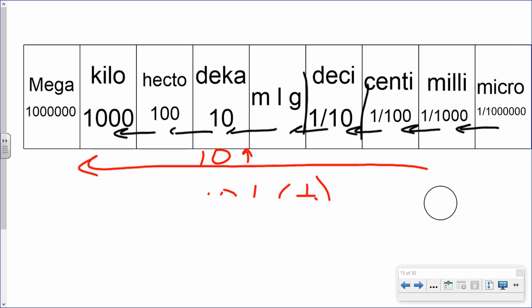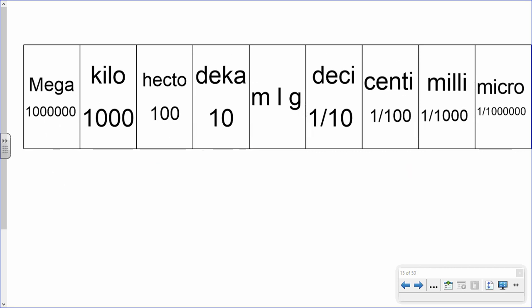Okay, let's go a little bit further now, doing some easy mental conversions. What if I have 10 grams? That's the thing I'll start with. If I have 10 grams, how many decigrams are in 10 grams? Okay, so I'm going to go this way.